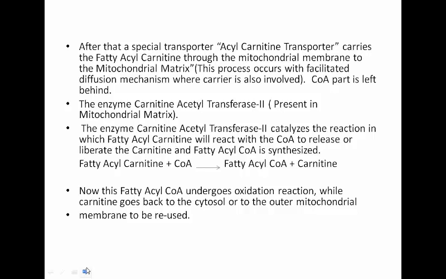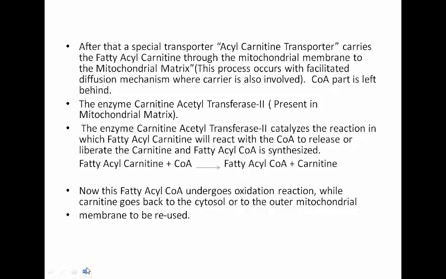Now the second enzyme, that is carnitine acyl transferase 2, which is present in the mitochondrial matrix. What is the function of this enzyme? Here the enzyme carnitine acyl transferase 2 catalyzes the reaction in which the fatty acyl carnitine will react with coenzyme A and then release the carnitine, and fatty acyl CoA is synthesized again.